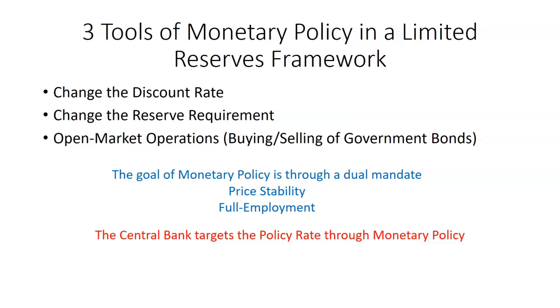So the policy rate is the interbank lending rate. In the United States, this is known as the federal funds rate, that interest rate that one bank charges another bank for taking out a loan. So that's what monetary policy is targeting when the central banks are using these different tools.